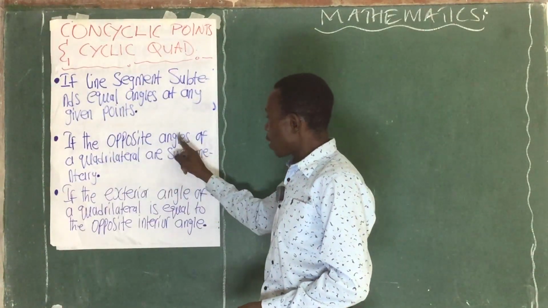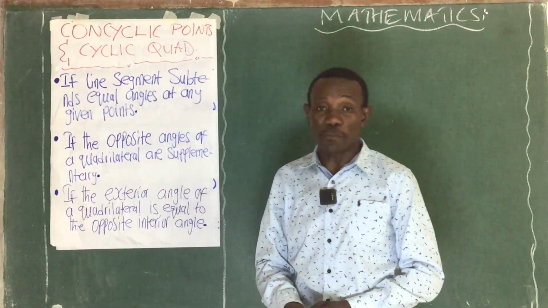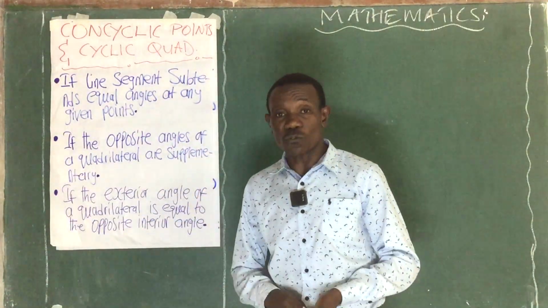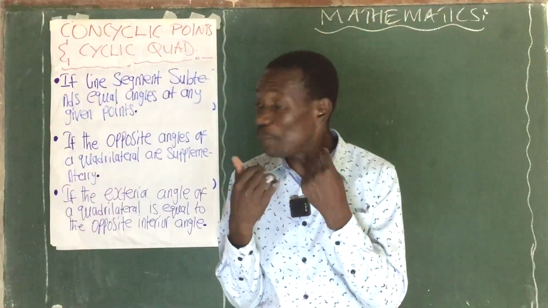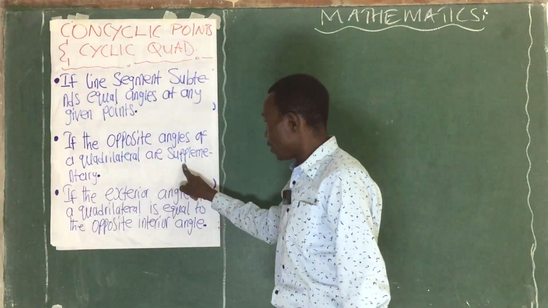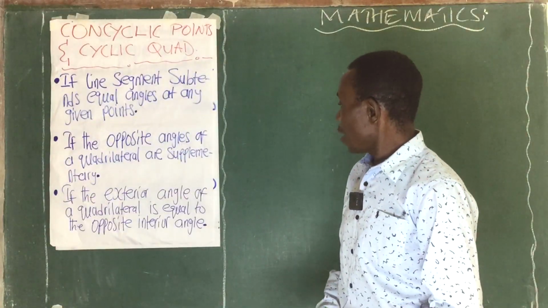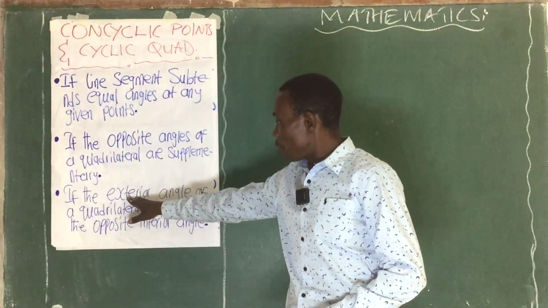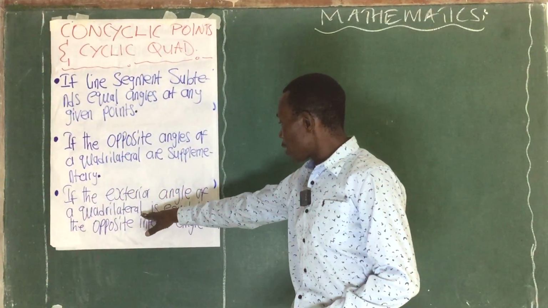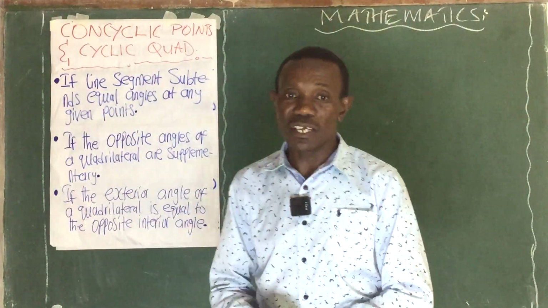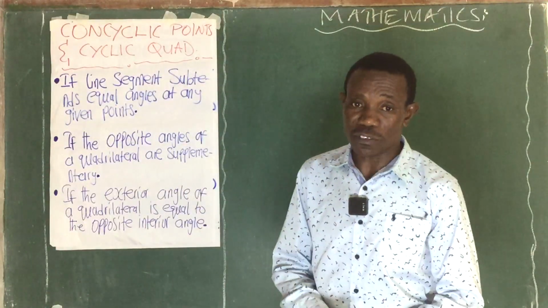First, if the opposite angles of a quadrilateral are supplementary, meaning they add up to 180 degrees, then you should be able to deduce that the quadrilateral is cyclic. And the last one: if the exterior angle of a quadrilateral is equal to the opposite interior angle, then that quadrilateral is cyclic, and the related points are concyclic.